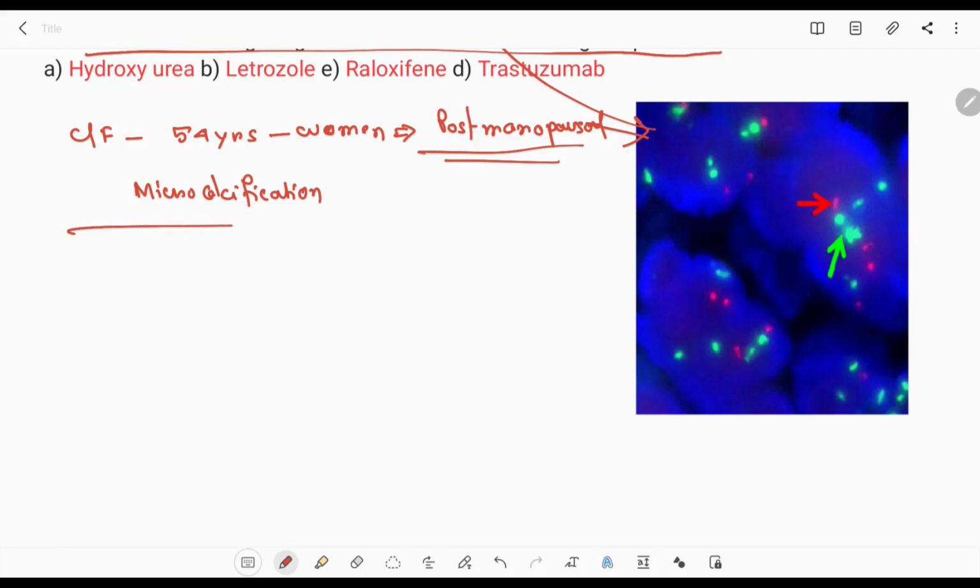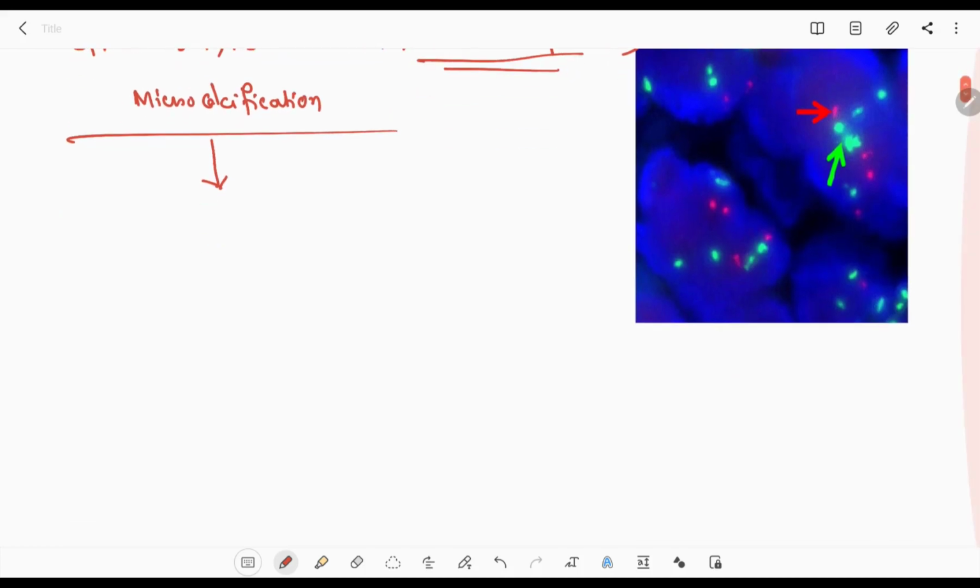So the histopathologist sends the sample for excisional biopsy, and it reveals invasive ductal carcinoma. So undoubtedly it is breast carcinoma.